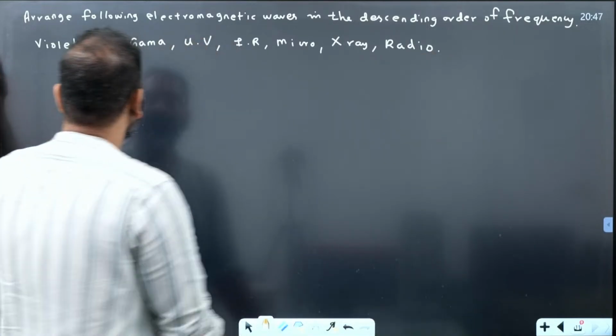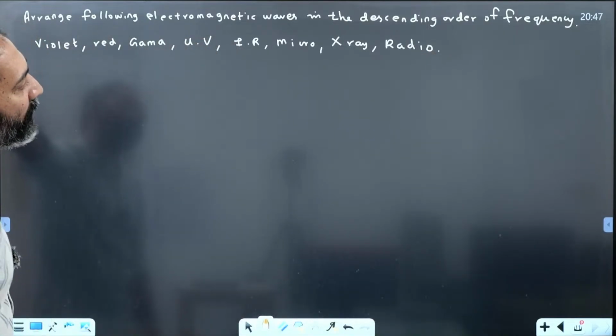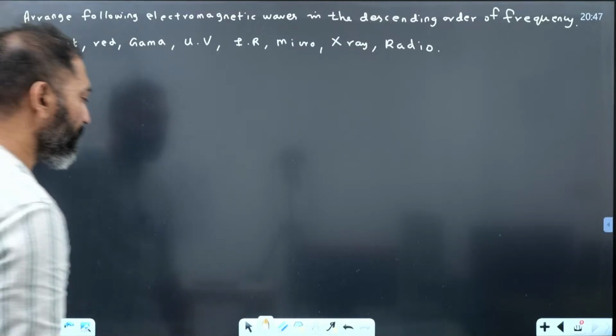So we have to arrange the given electromagnetic waves according to descending order of frequency.